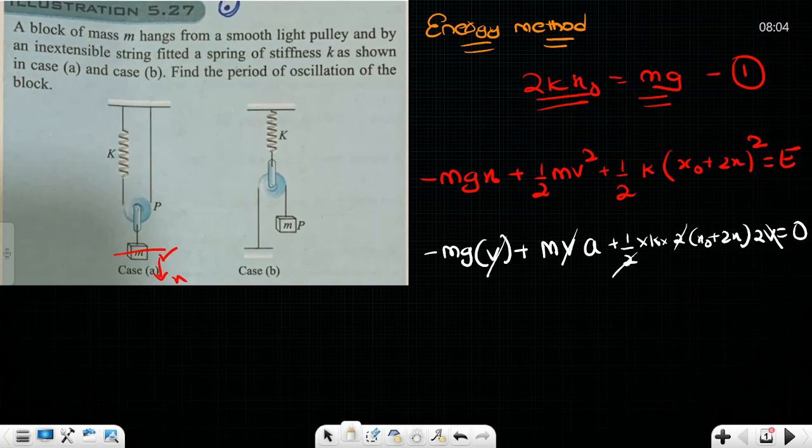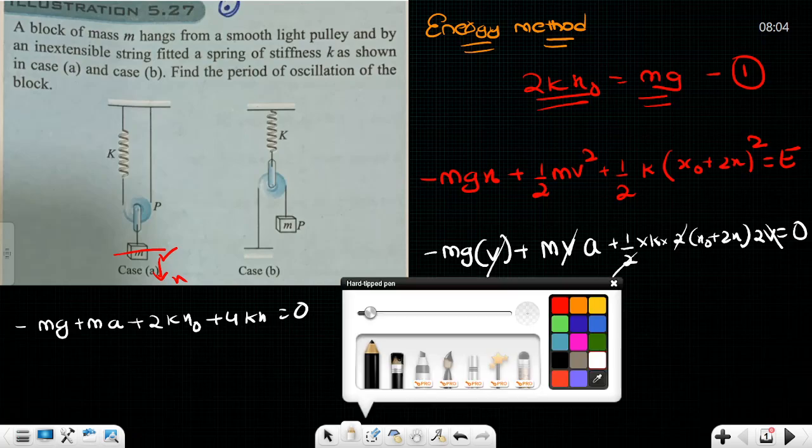Everywhere v will get cancelled. So you will be left out with minus mg plus ma plus 2k x naught plus 4kx is equal to 0.